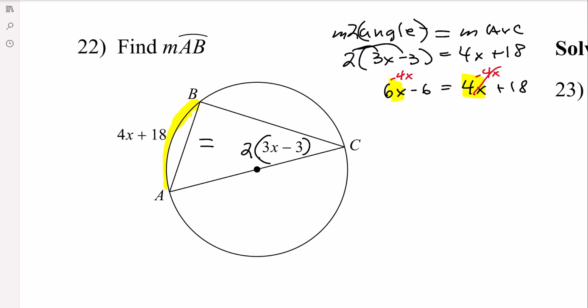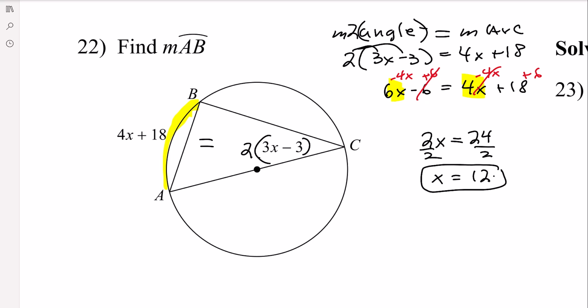That gives me 2x on this side. So I'm going to need to move the negative 6, and to zero it out, I do the opposite. I add 6. And then lastly, just divide both sides by 2. So x is equal to 12, but we have to put this into that measure right there.